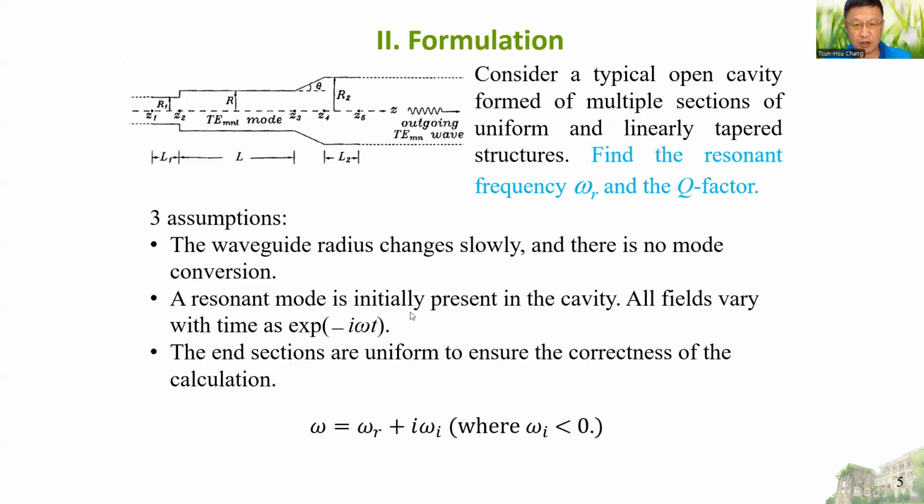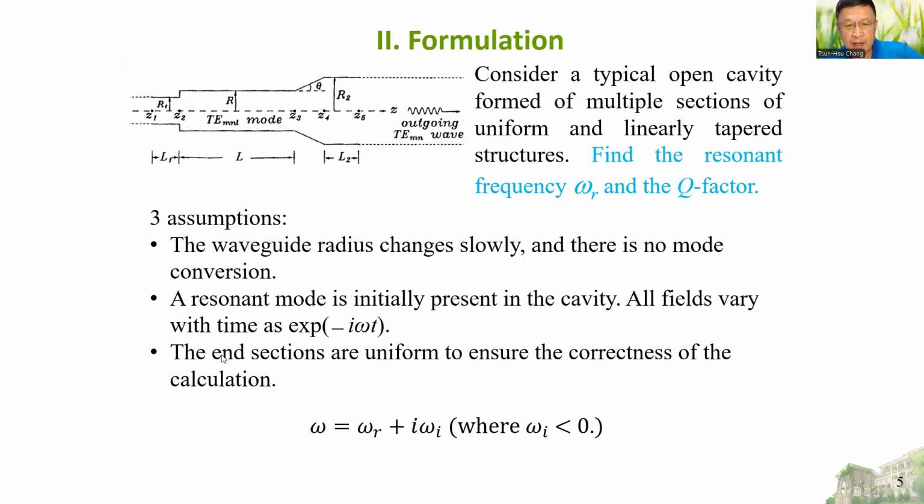A resonance mode is initially present in the cavity. Okay, all fields vary with time as exponential of negative i omega t. So it looks like just considering a black body of very, very broad band. Since there is a resonance condition here, initially there is a mode here, although the value is very small.